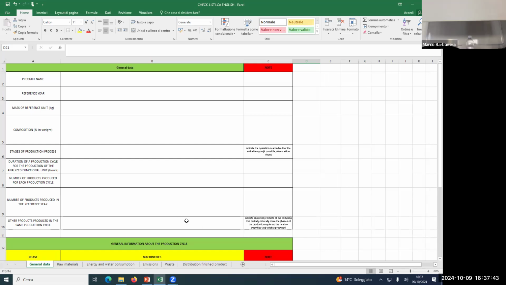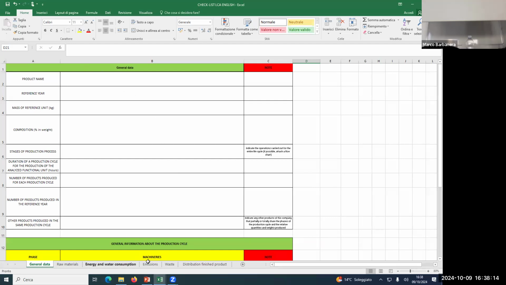For example, this checklist was made for a generic product. So for each product, probably it's important to specify some information, but obviously this is a generic data sheet for the collection of data.